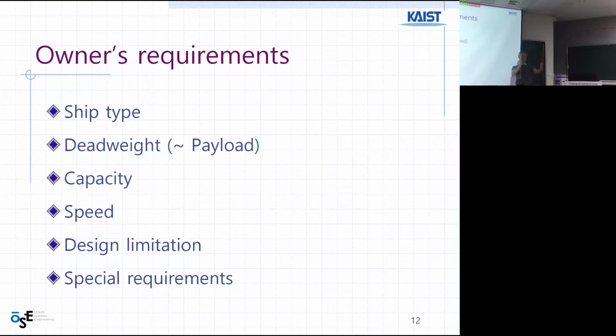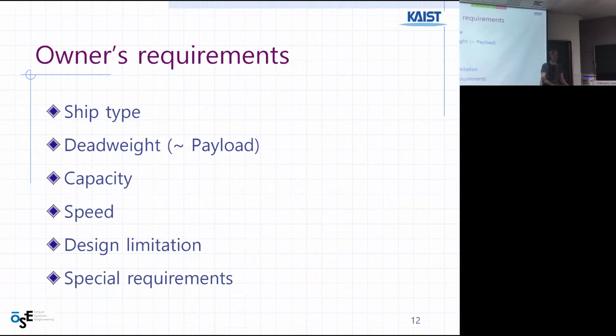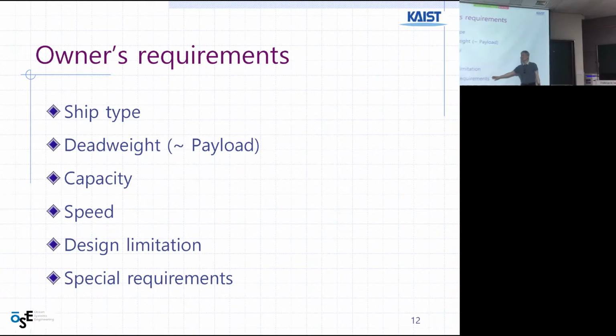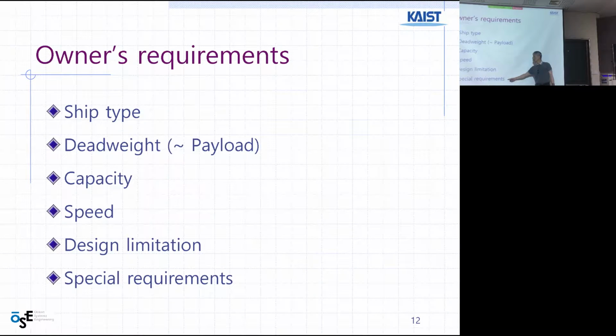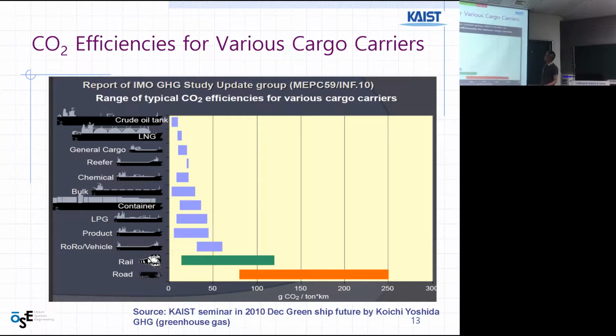This is a man-made channel. So design limitation. Also limitation coming from pollution, right? Pollution, we studied on Monday, right? About pollution limitation. MARPOL or safety requirements, pollution requirement, and also special requirement. So pollution requirement, another one, CO2 efficiency. Right?